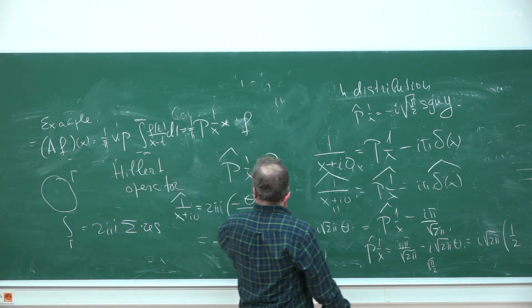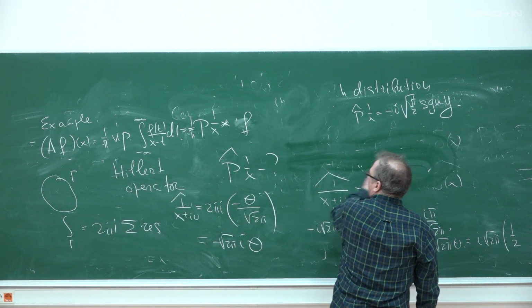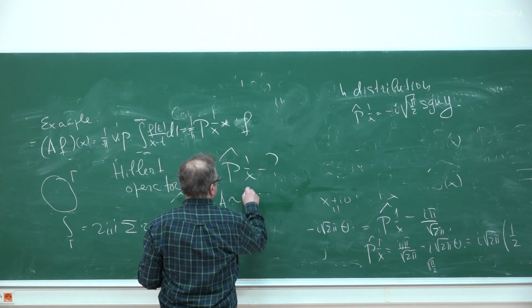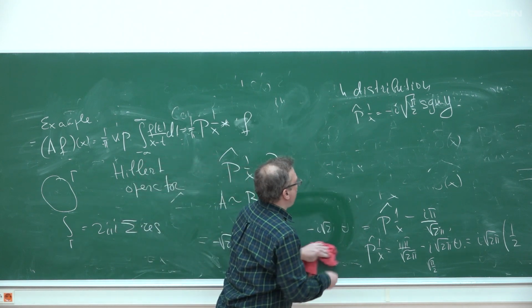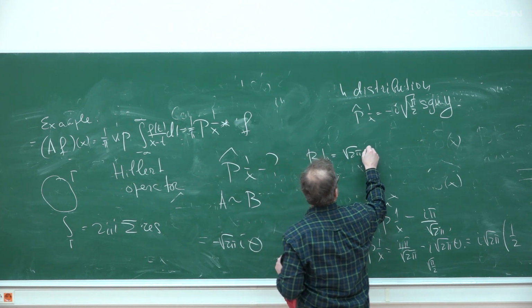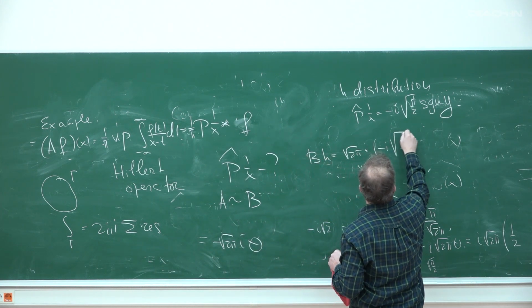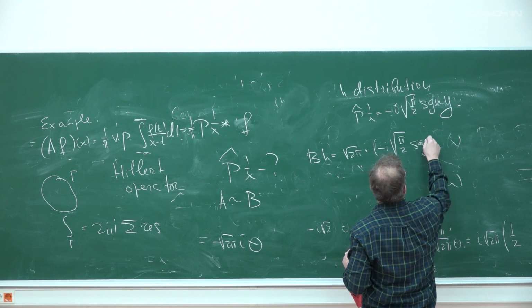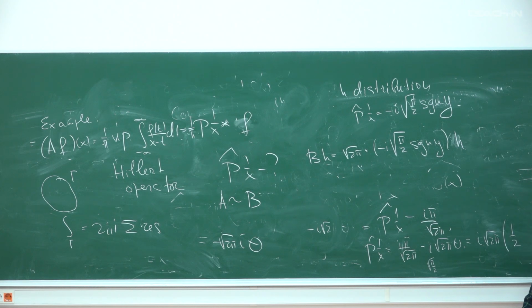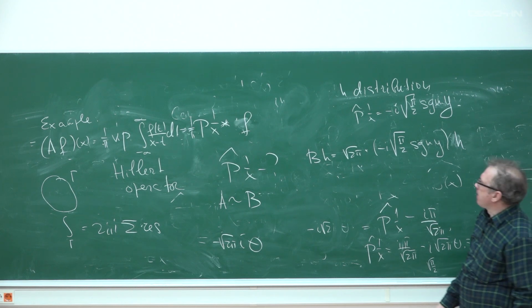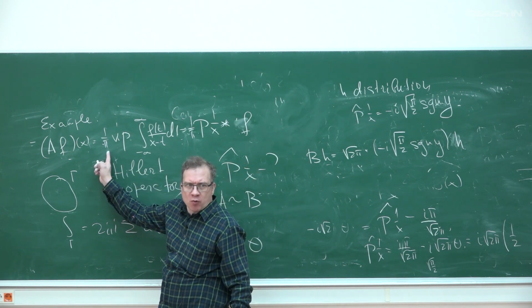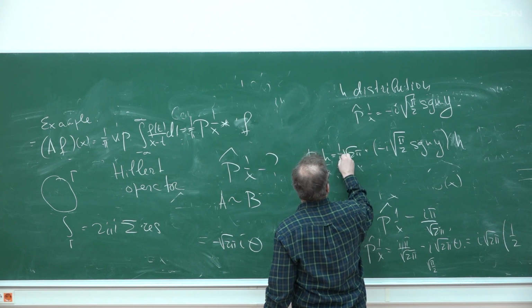The Hilbert operator is similar to what operator? So operator A is similar to operator B, where BH is square root 2 of P multiplied by minus I square root of P of signum on H. And we have an additional 1 over P. Yes, this factor, 1 over P, here.